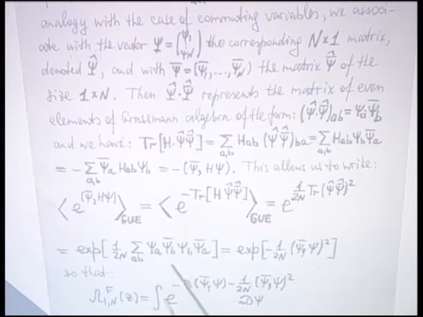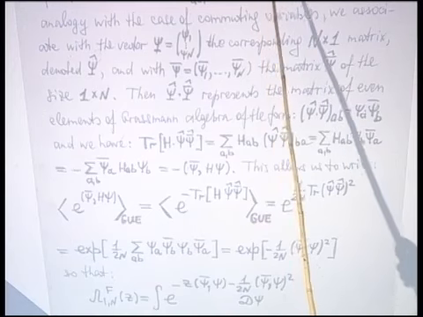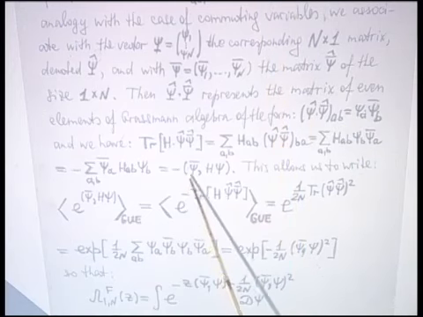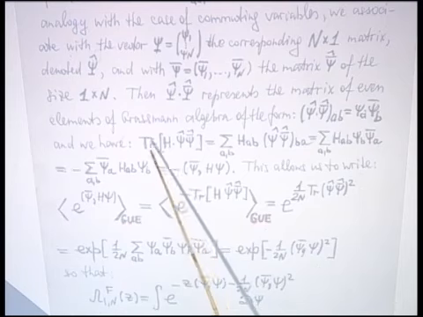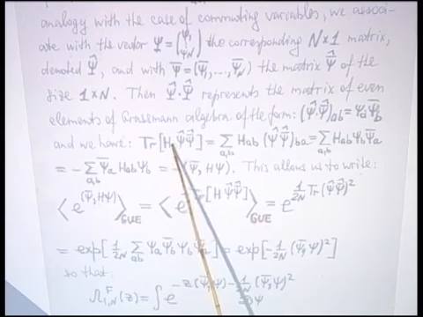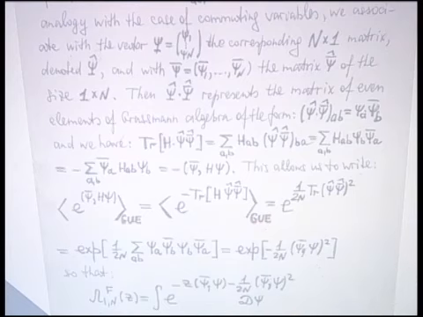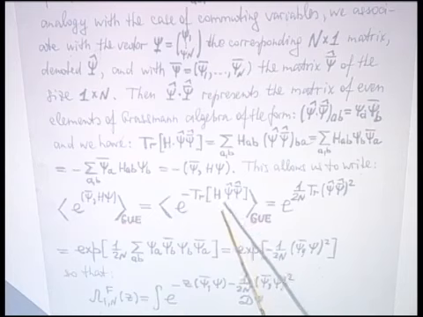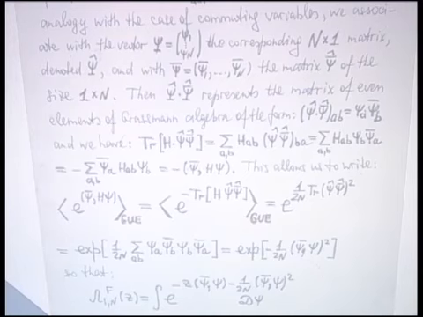So after trivial algebra, you will find that this object, which appears here in the exponential, up to a minus sign, can be written as just the trace of h times psi as a matrix multiplied with psi with this involution. Why is it useful? Because we can again use the formula that we already used many times.